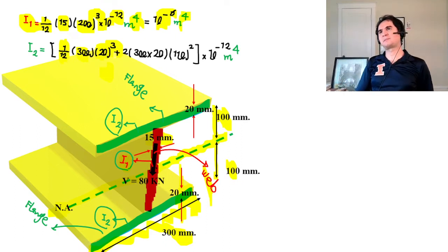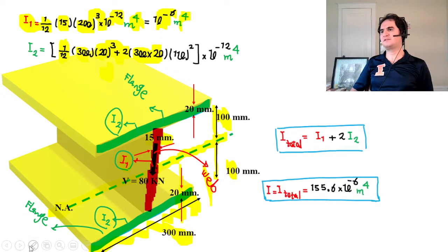That's plus 2Ad squared. The area of a flange is 20 times 300, and d is the distance from the neutral axis of the entire shape assembly, which is 100 plus half the flange height of 20, since the centroid lies at the center, so that's simply 110. That's my d, and that's d squared, and that's the conversion.